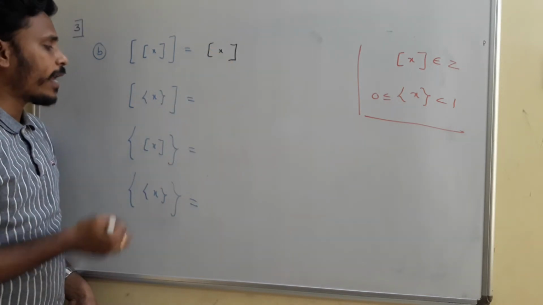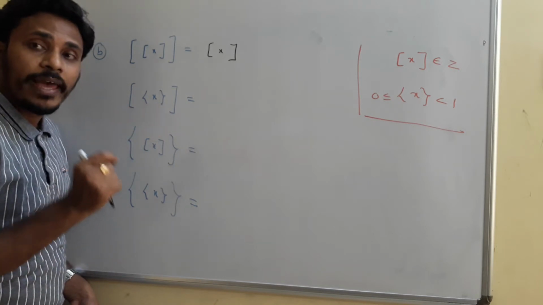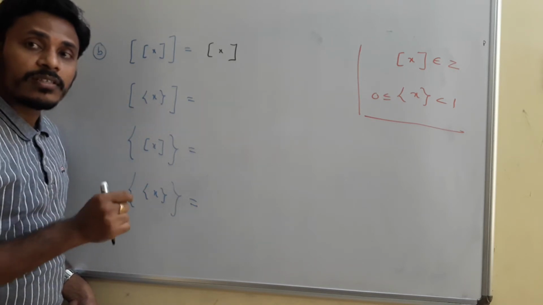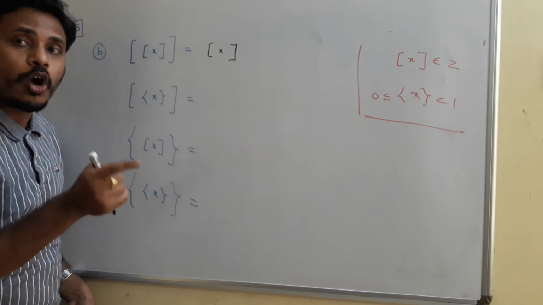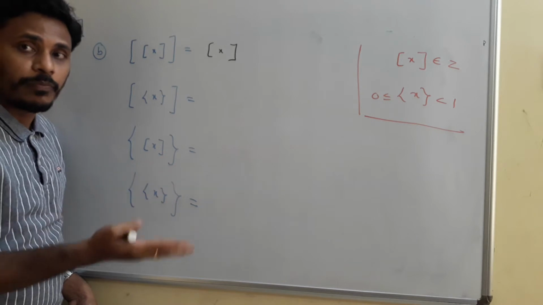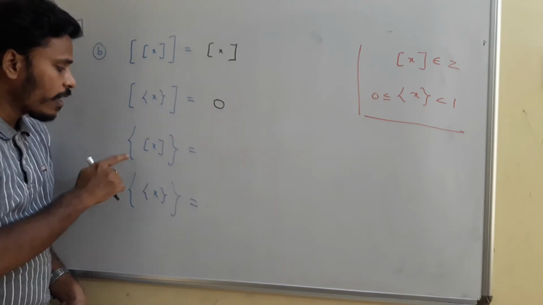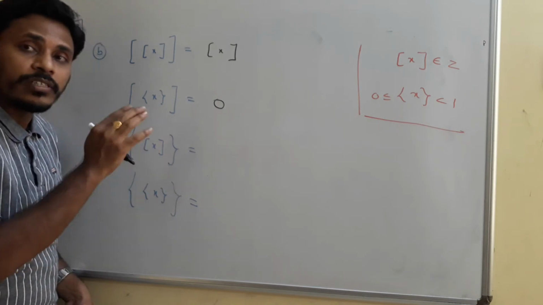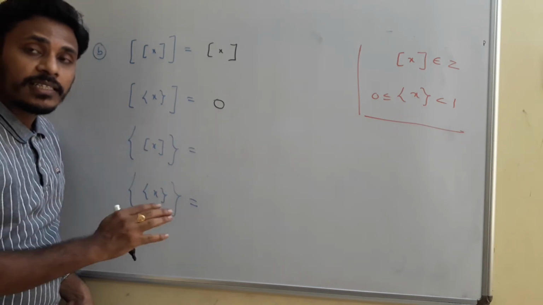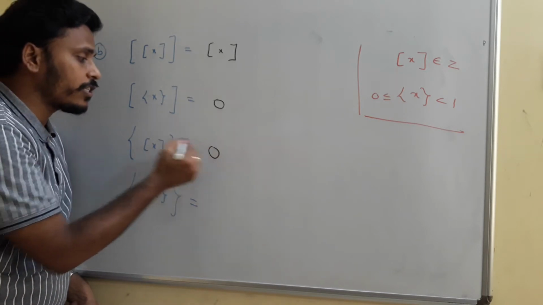Whereas floor of the fractional part of x: the fractional part of x is a number in between 0 and 1, it is 0 point something, so its floor value is clearly 0. Whereas the fractional part of floor x: floor x is an integer, and for an integer there is no fractional part, so it is again 0.